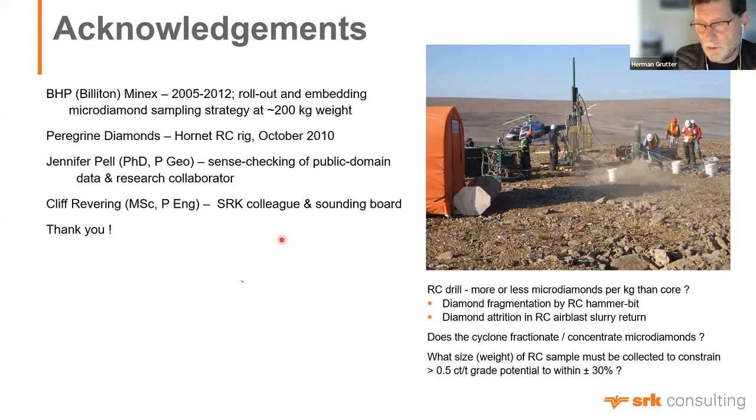That will give you 200 kilos, and it will cost you $110 Canadian per kilo to process. So there's the drilling cost and so on, but to get the microdiamond result is $110 a kilo for 200 kilos. So that's $20,000 Canadian dollars.